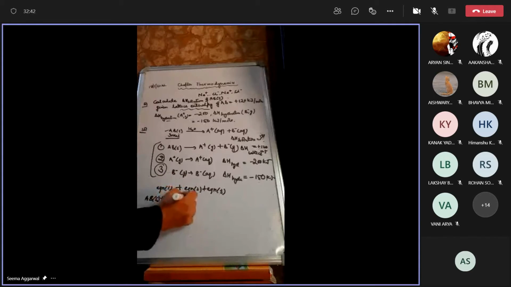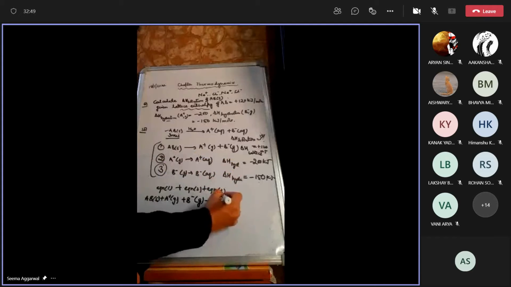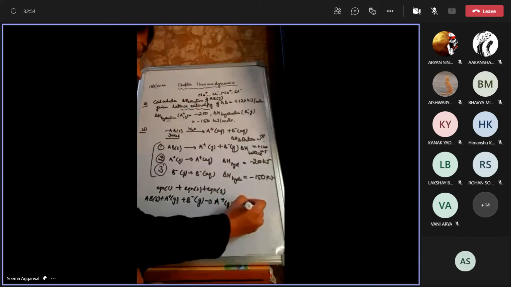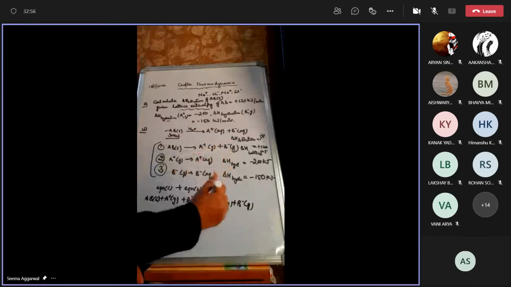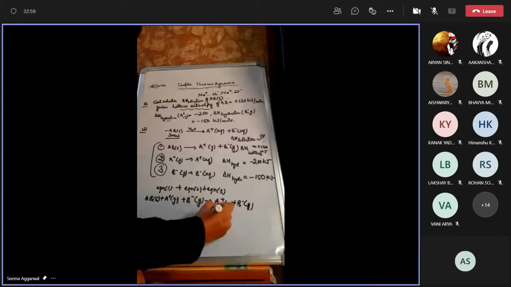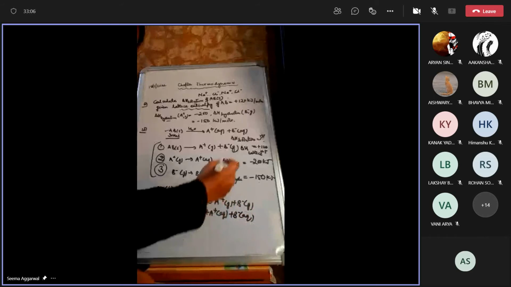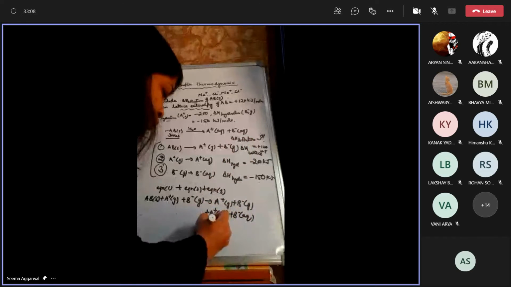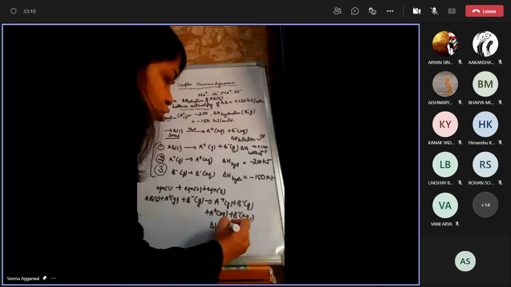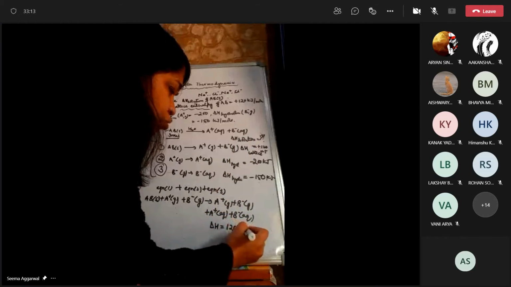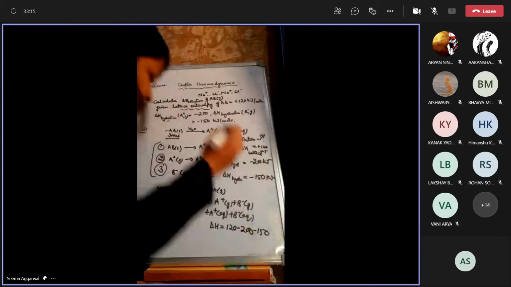So I am adding the reactants: AB solid plus A plus gaseous plus B minus gaseous. Then I am adding the products: A plus gas plus B minus gas, plus A plus aqueous, plus B minus aqueous. And since we are adding the equations, I am also adding their delta H. So delta H is equal to 120 minus 200 minus 150.